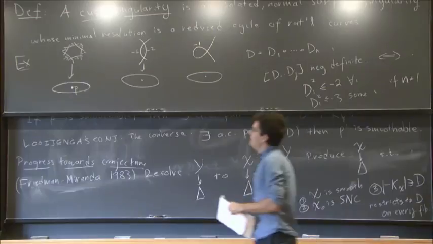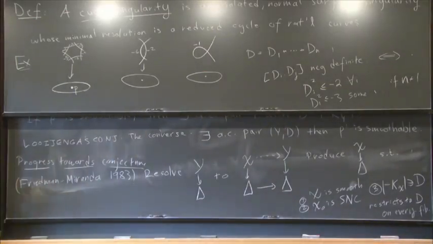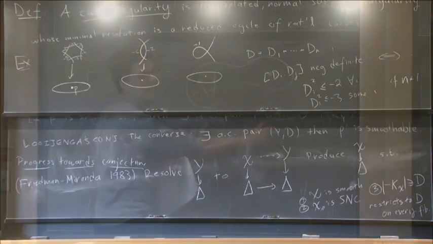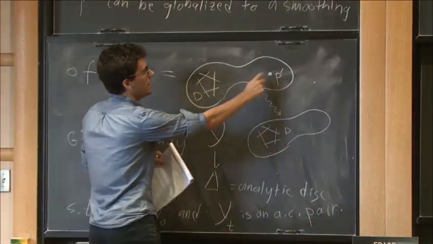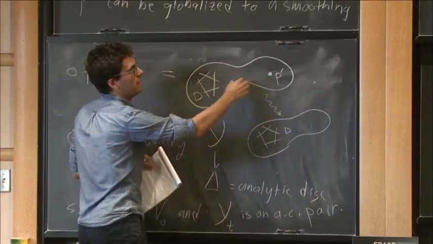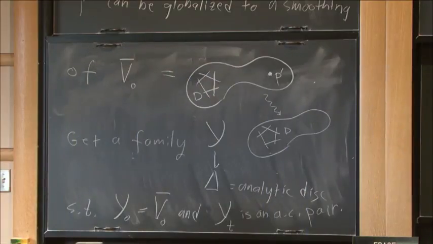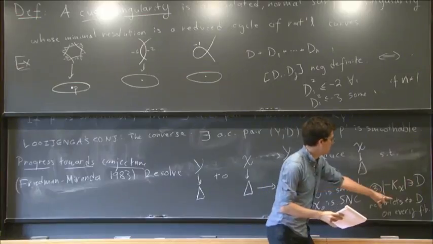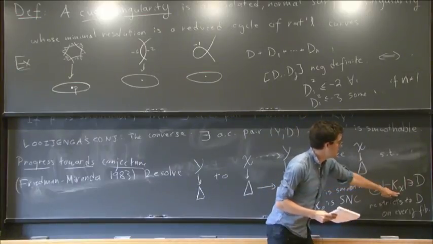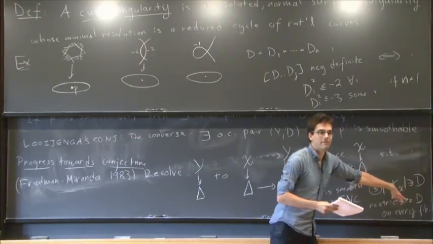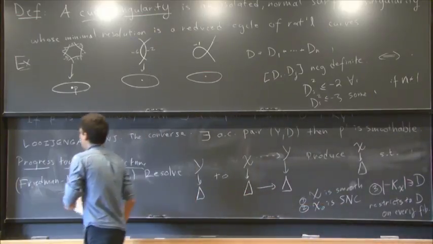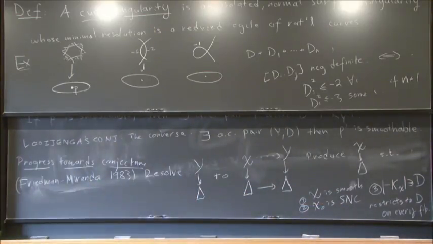Essentially, this D is just coming along for the ride in the smoothing as the anti-canonical divisor. But at this point P prime, you can resolve it until it satisfies these three conditions. And this statement that the anti-canonical bundle restricts to D on every fiber is saying that the canonical bundle is trivial near this point P prime.